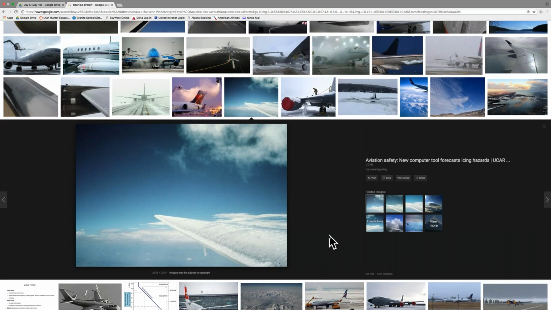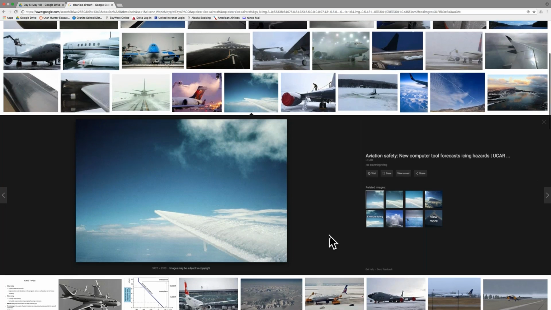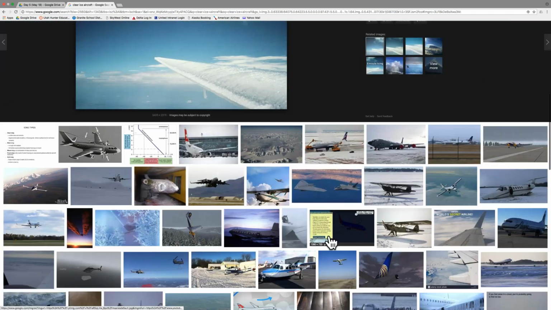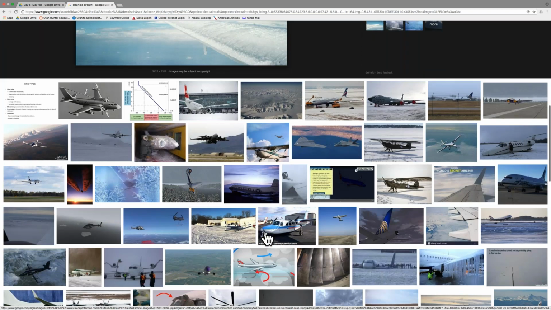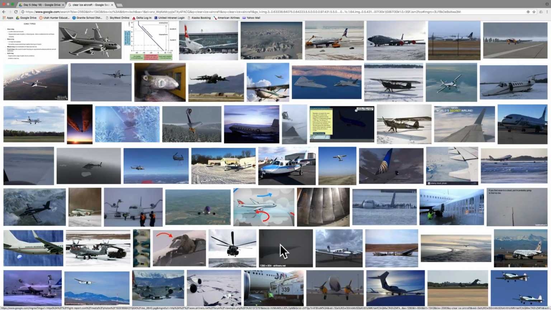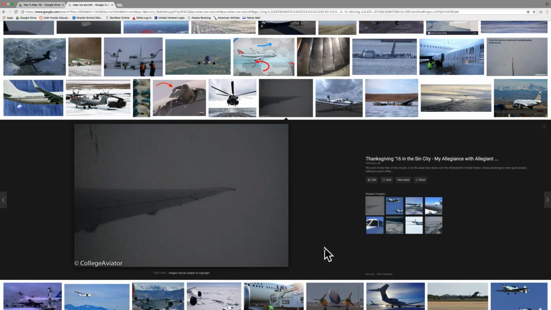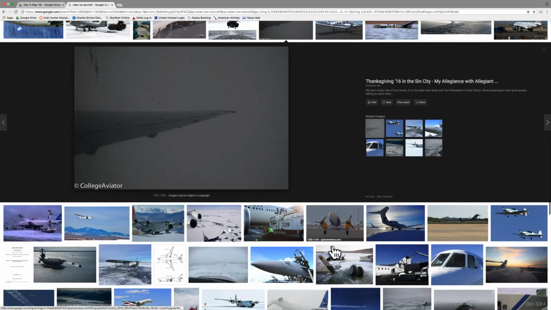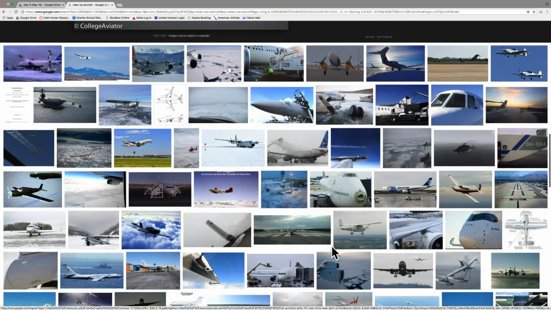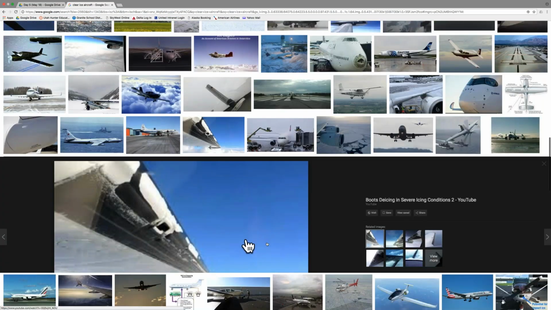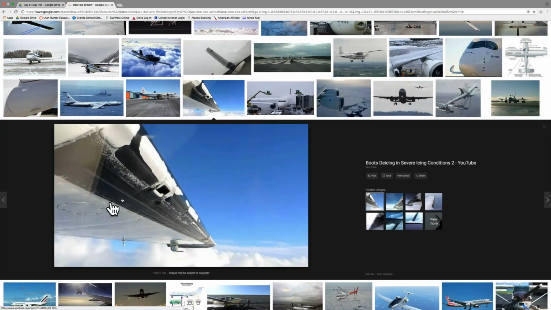How's that airplane still flying? I'm not seeing a good example of the clear ice. You can see it there behind the boot. That's your clear icing.